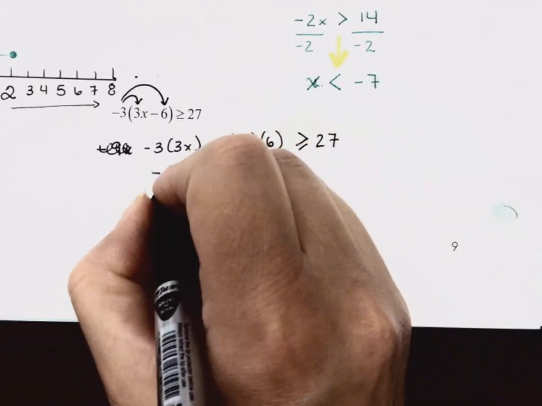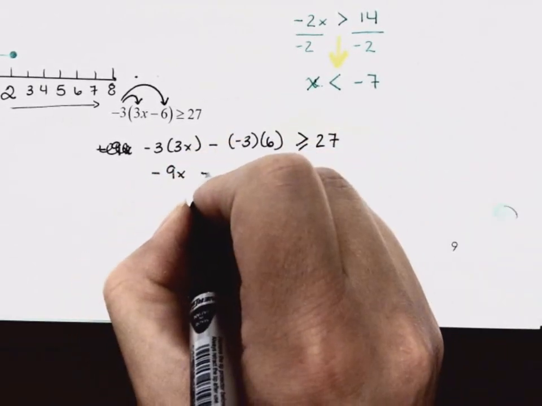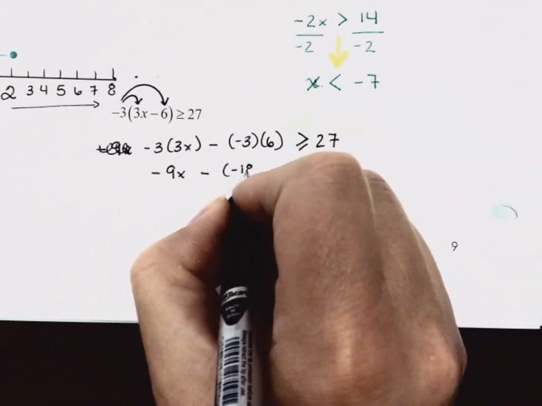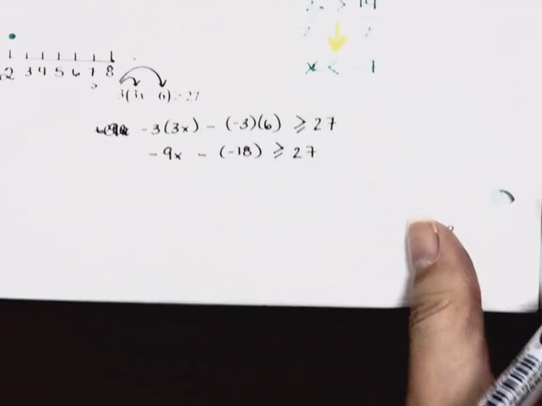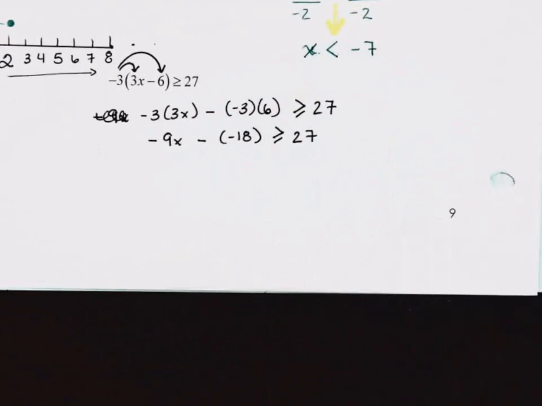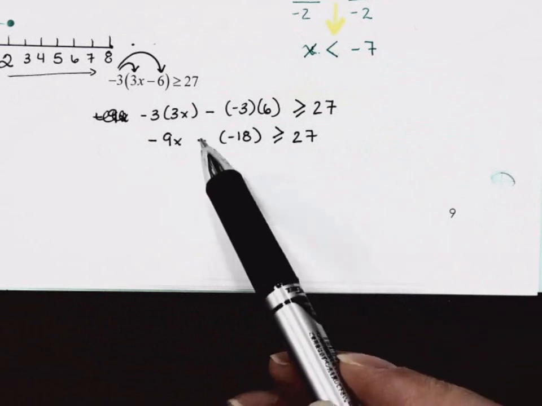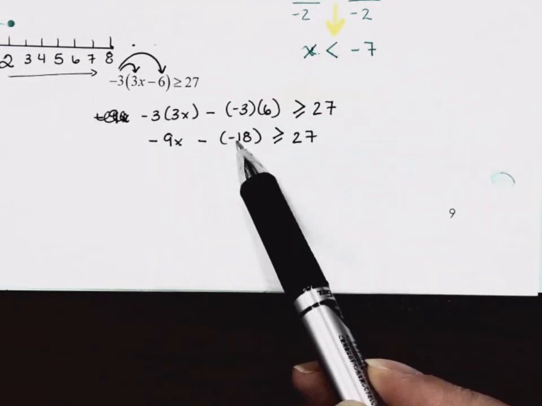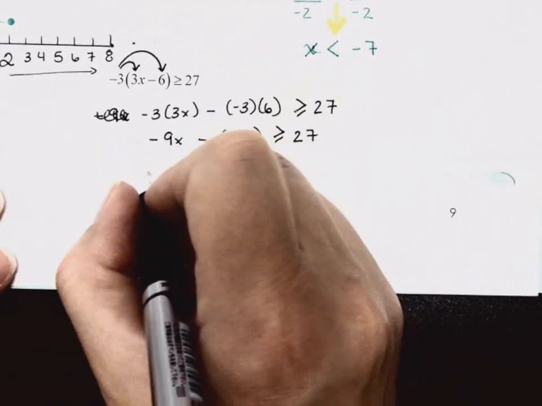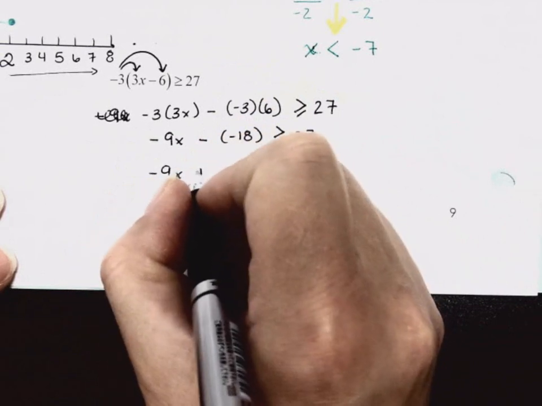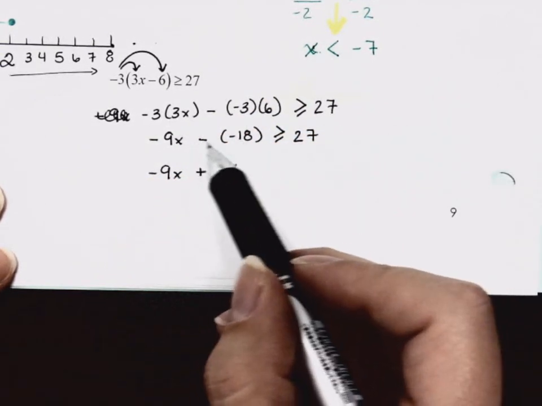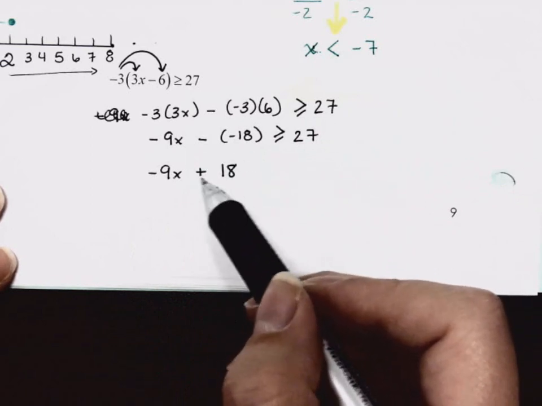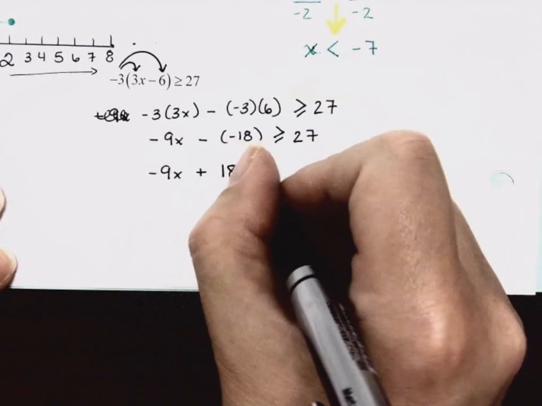So I'm going to have a negative 9x, and then I'm going to have subtract negative 18 is greater than or equal to 27. And this is where we kind of struggled even in the first unit, is when we have subtract a negative number, we add the opposite. So the negative 9 stays the same, and we add the opposite sign. So when you have two negatives butted up against each other, they always change to a positive.